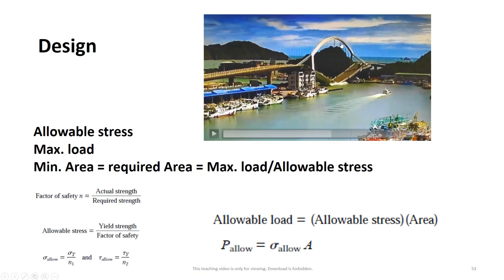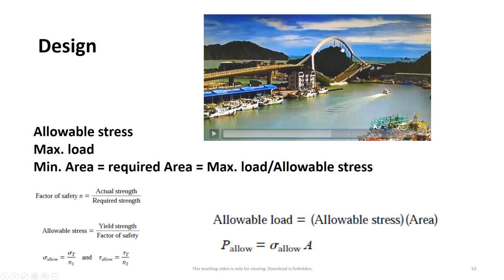For example, in this case, it only needs 100 megapascals, but you can design 125 megapascals to ensure it is safe every time.